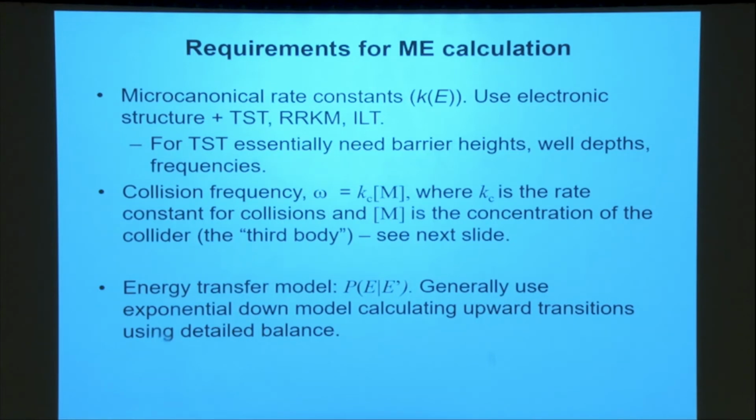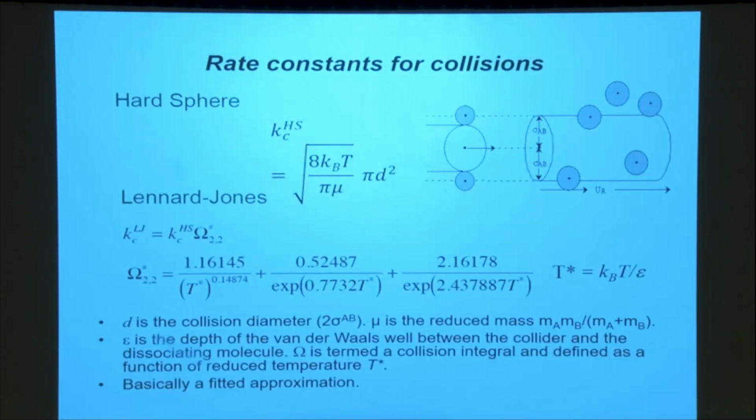We also need collision frequencies, and in terms of the energy transfer model, the usual approach is to use what's called the exponential down model, and then calculate the upward transitions just using detailed balance. So we will have extra parameterizations for that exponential down model. I think, to be honest, this is probably similar to something I showed yesterday.